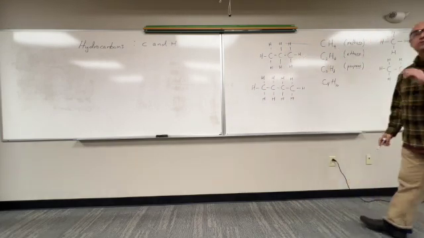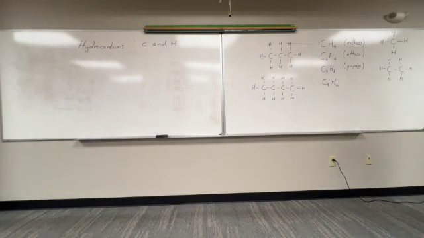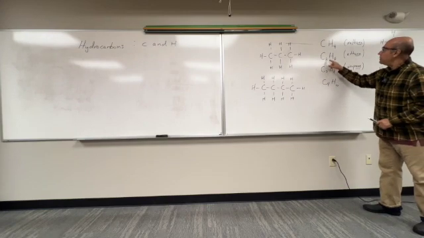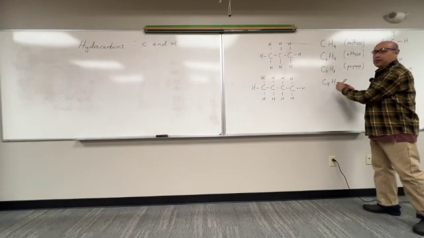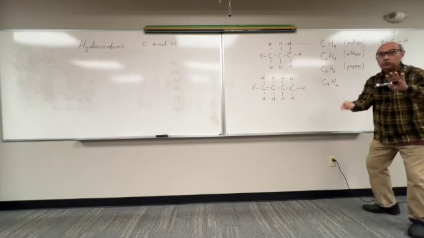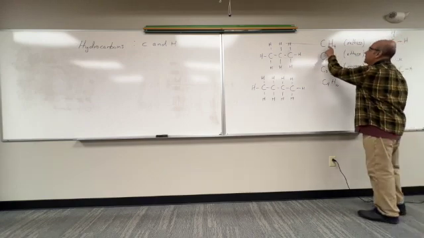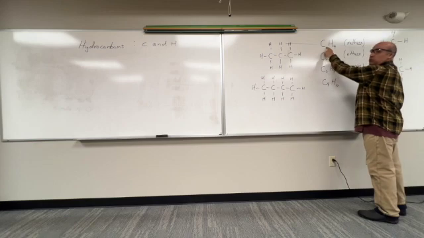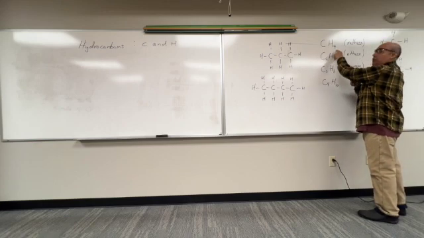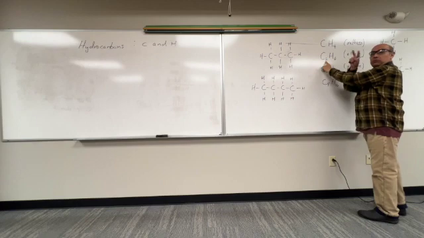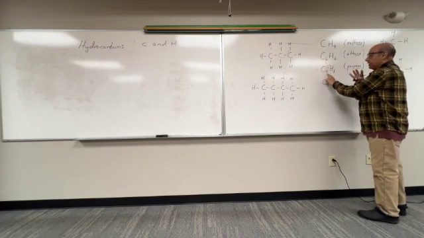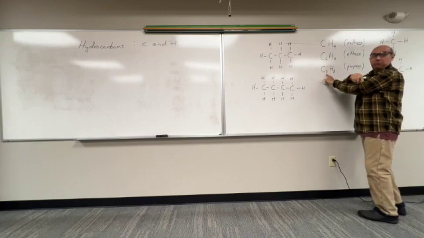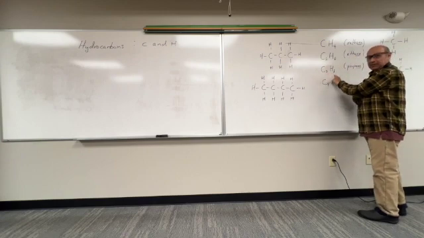All of a sudden, you just came up with a predictive formula. Look at what is happening. As we increase the number of carbons, we're increasing the number of hydrogens by times 2 plus 2. So 1 times 2 is 2 plus 2, 4. 2 times 2 is 4 plus 2, 6. 3 times 2 plus 2, 8.